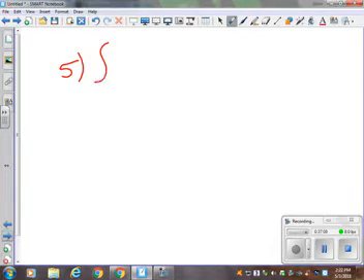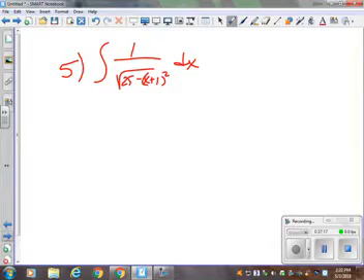Okay, in number 5, we have 1 over the square root of 25 minus x plus 1 quantity squared dx. Now, in this question, it's got a square root, it's got minus, it's got the x stuff second. Has it got a chance of being an arc thing? What's the derivative of the inside here? 1. That's up there. So it must be.